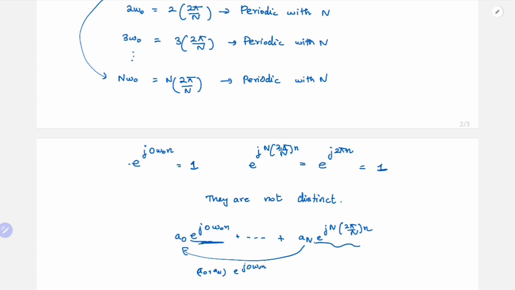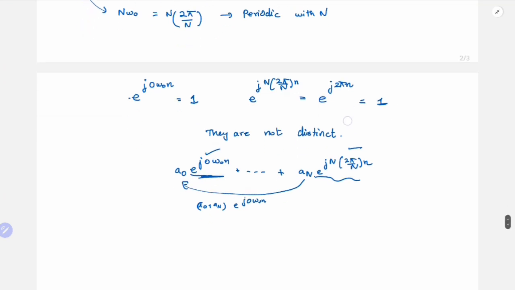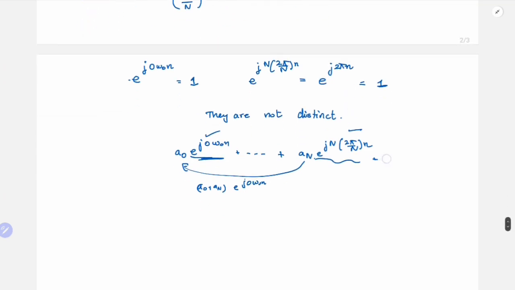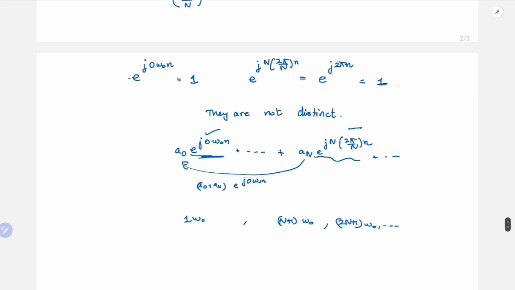This one single term is enough. So you either need to have this term or this term. And this is going to be true for all. So even if you take 1 omega naught and N plus 1 omega naught, and you have 2N plus 1 omega naught, and so on, everything is going to be the same.